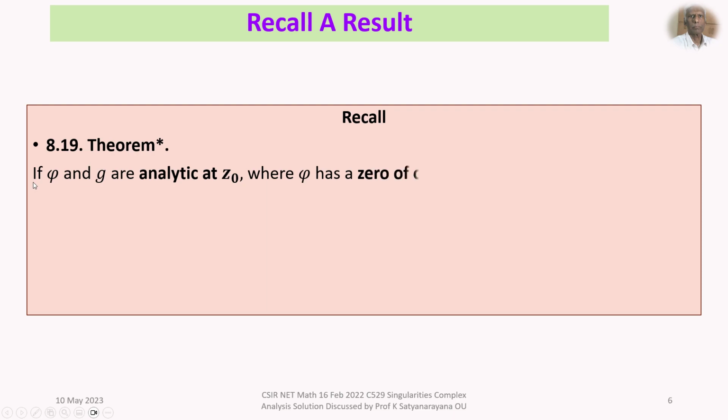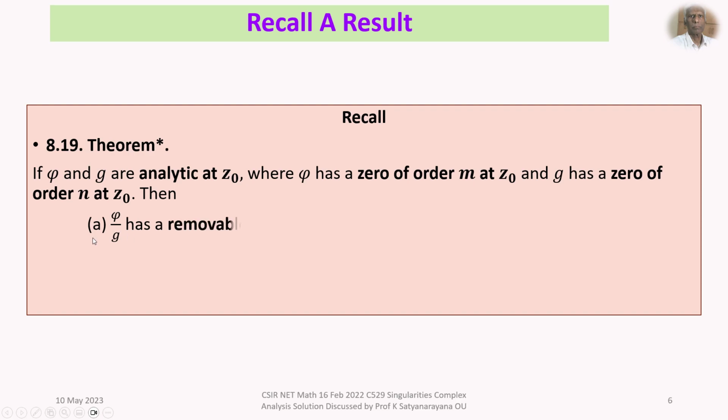If phi and g are analytic at a point z0, where phi has a 0 of order m at z0 and g has a 0 of order n at z0, then phi by g has a removable singularity at z0 if m greater than or equal to n.